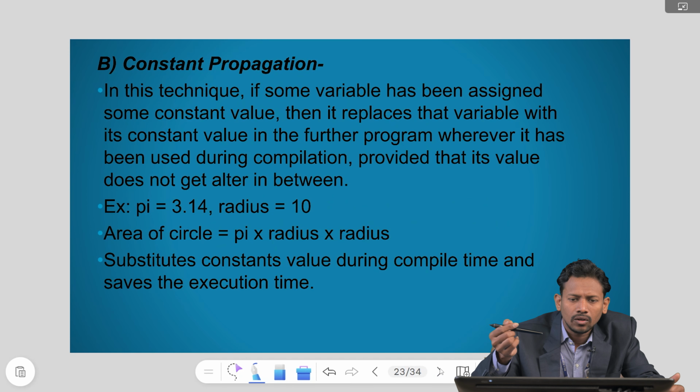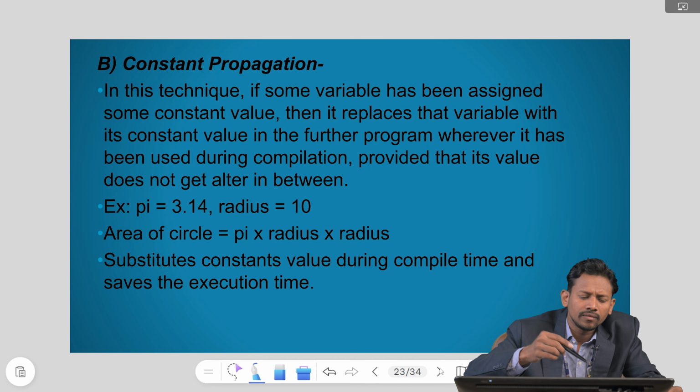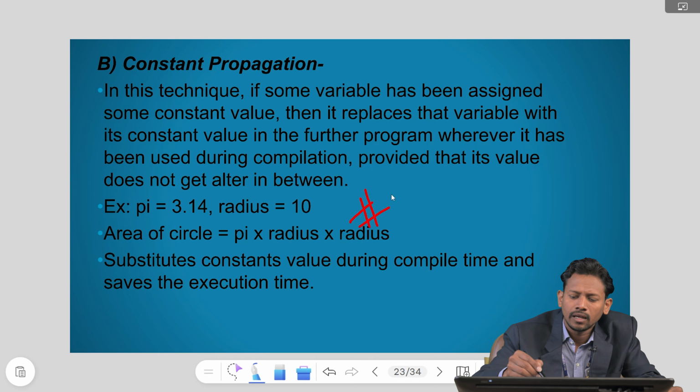The next technique used in code optimization is constant propagation. In this technique, if some variable has been assigned a constant value, then it replaces the variable with the constant value. For example, we write the instruction #define pi 3.14.